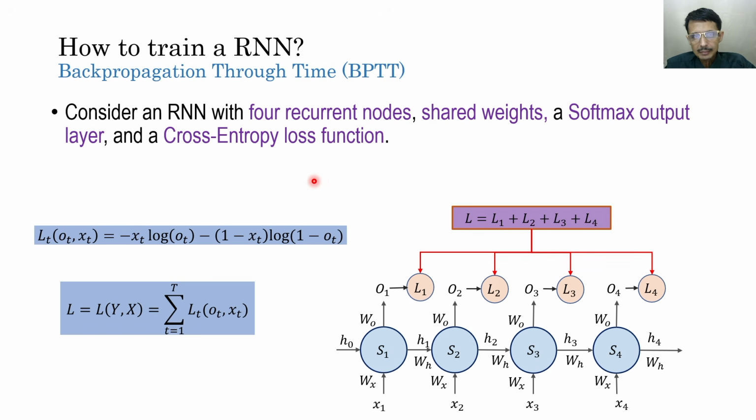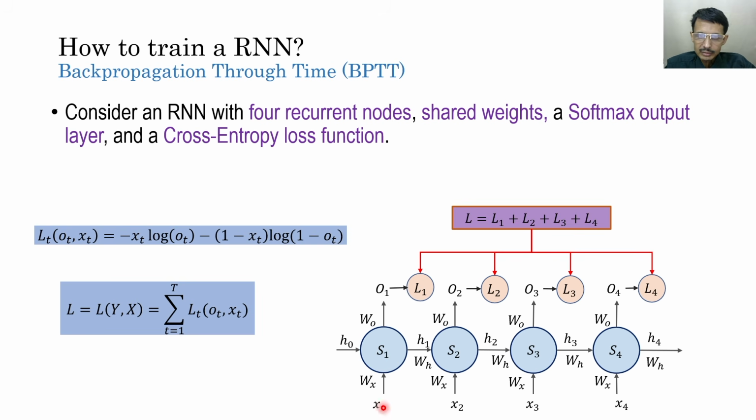Now, with this setup, first we have to understand what the cross entropy loss is. Now, L of t is at time step small t. This loss function takes O of t and xt. What is xt? This is xt, and this is the output. So if these two are given, the cross entropy loss is basically minus xt log of ot, minus (1 minus xt) log of (1 minus ot).